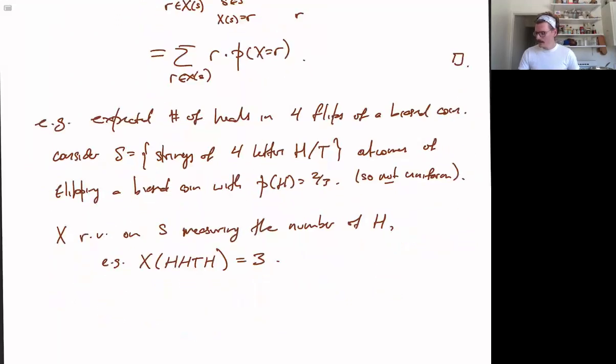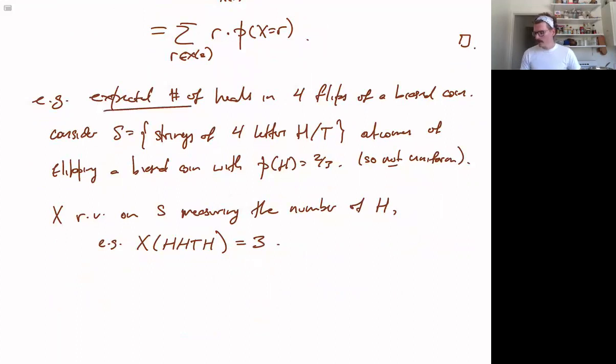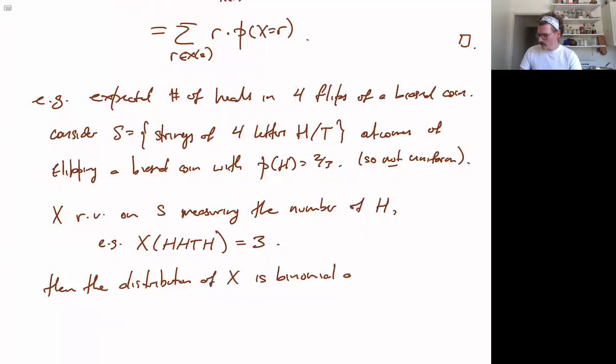So in this setup, X is the random variable measuring this experiment that we described, and we will recognize the distribution of X is a binomial distribution with n equals 4, the number of Bernoulli trials, and p equals 2/3, the success probability of each trial.